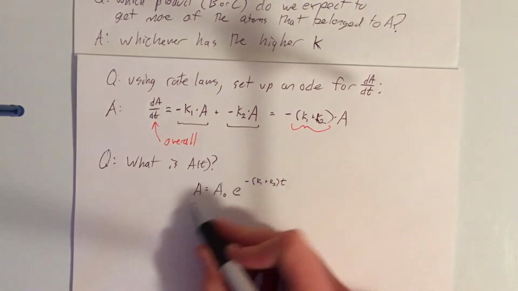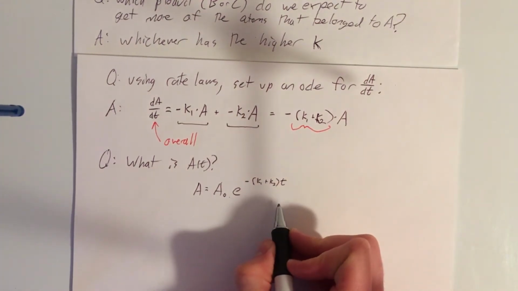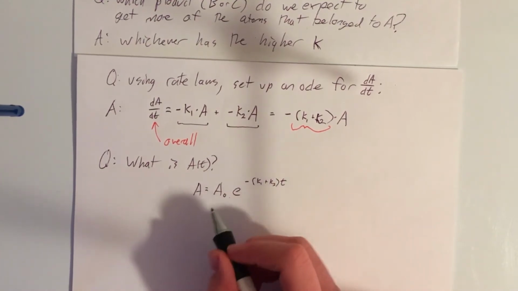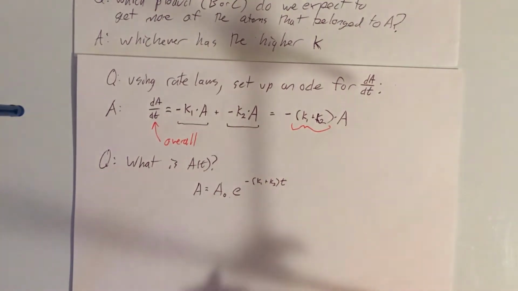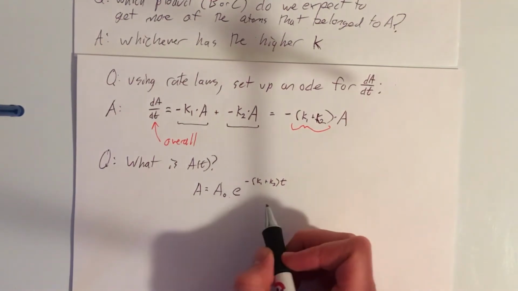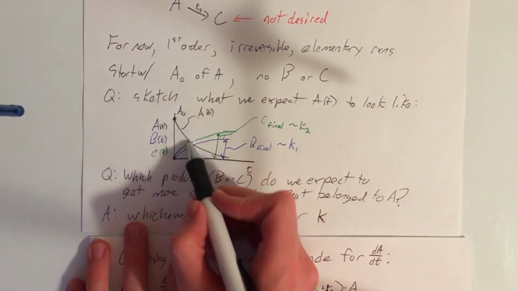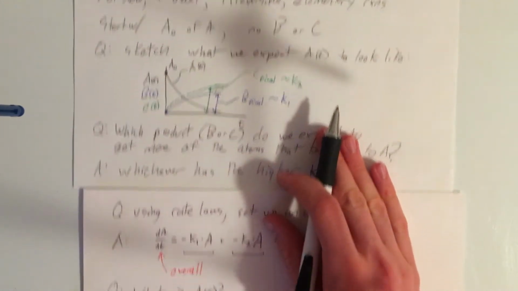So this is the standard form of our first order elementary reaction where we have an irreversible product, and this is the exponential decay that has this characteristic shape of starting at something and then asymptoting towards zero.